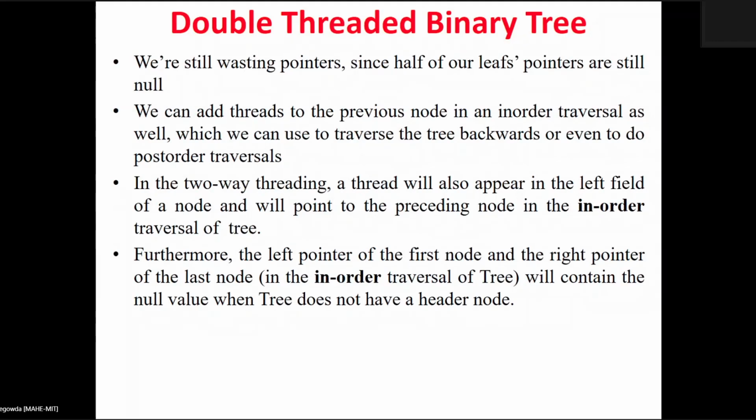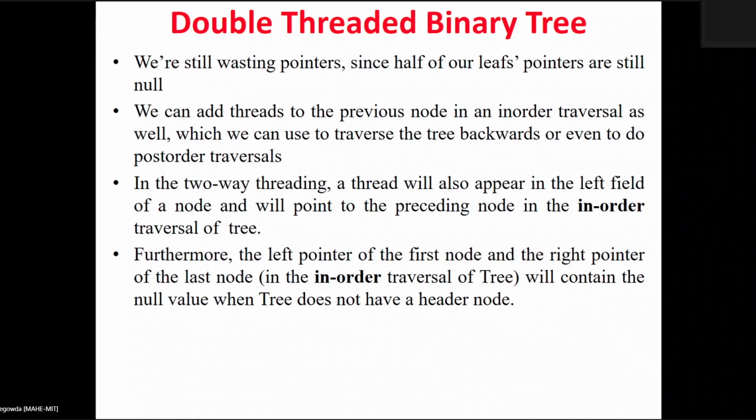Okay, next we have the double threaded binary tree or two-way threaded binary tree. In two-way threaded binary trees, the right link field of a node containing a null value is replaced by a thread that points to the node's in-order successor, and the left field of a node containing null values is replaced by a thread that points to the node's in-order predecessor.